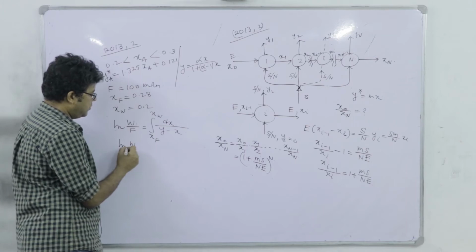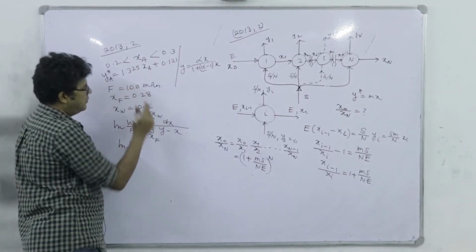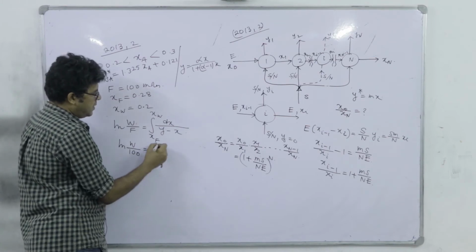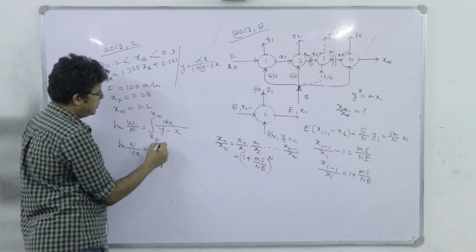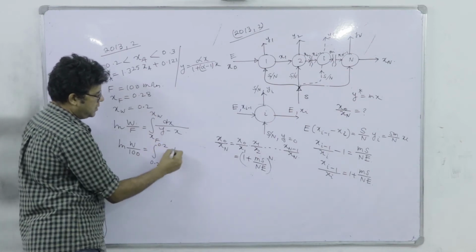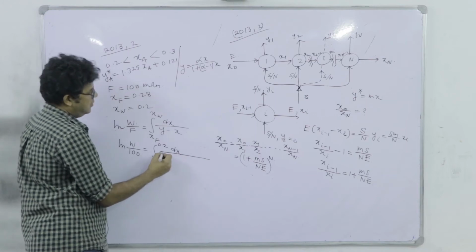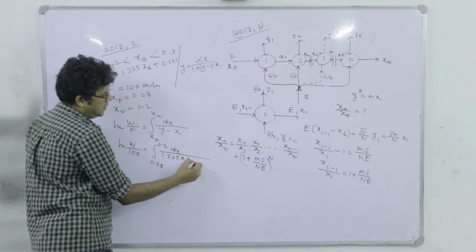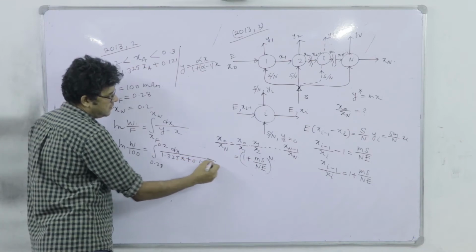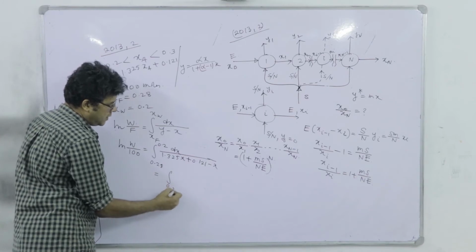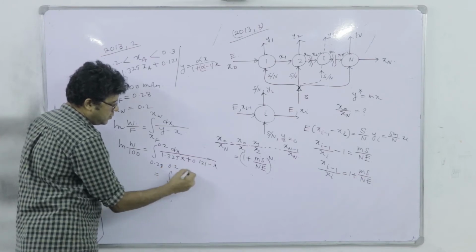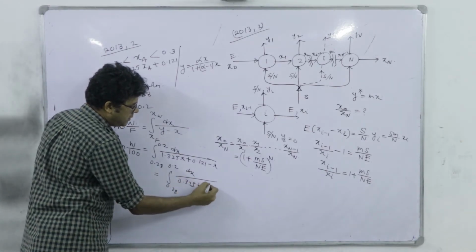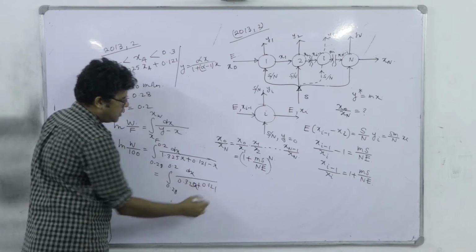So ln of W divided by 100 moles, xf is equal to 0.28, xw is equal to 0.2, dx divided by 1.325 x plus 0.121 minus x.